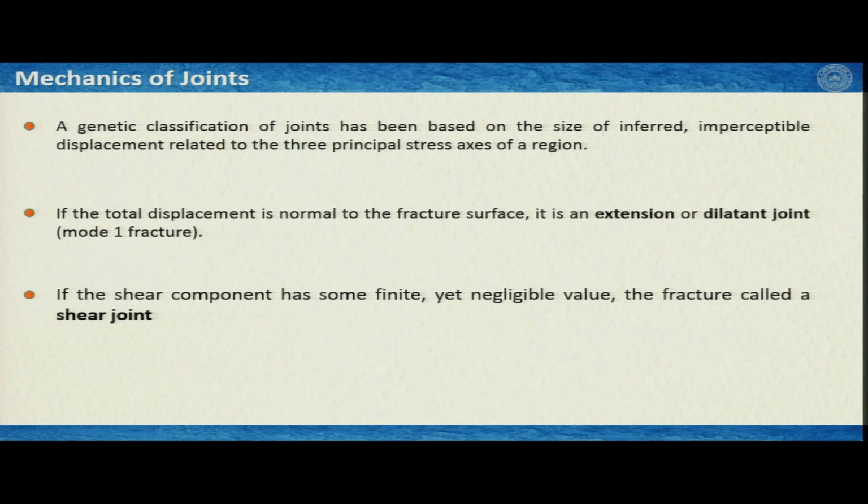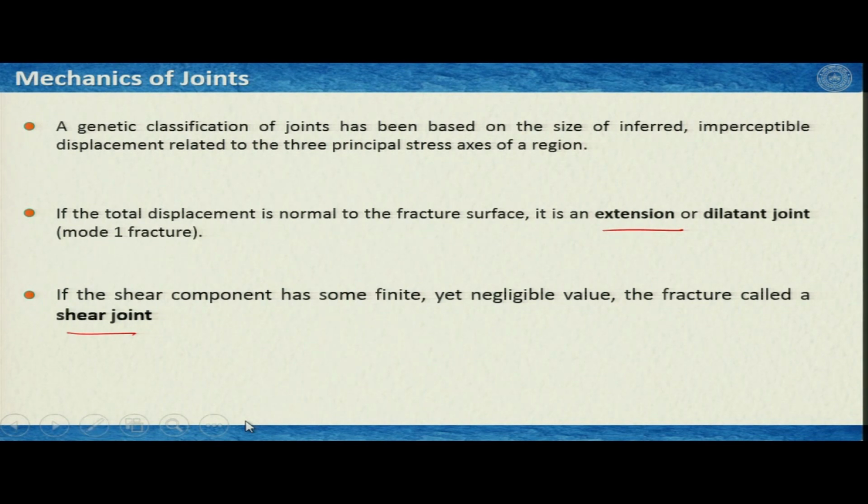Now, if the total displacement is normal to the fracture surface, it is an extension or dilatant joint or mode 1 fracture, as we are talking about. If the shear component has some finite but very negligible value, then the fracture is called a shear joint. So, we can have extensional joints and we can have shear joints.